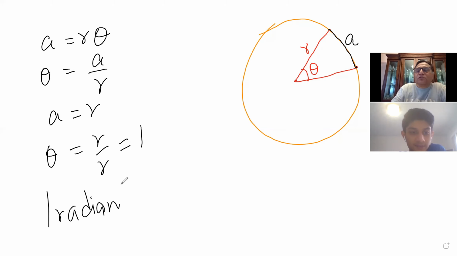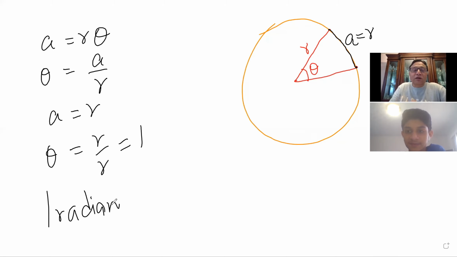So 1 radian is the angle which will give you an arc length equal to the radius. Do you get the idea? Is this correct? So that is what 1 radian is. You get an idea of what 1 radian is, correct?